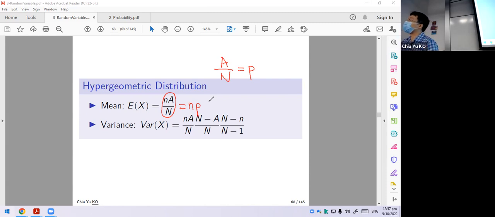Sampling without replacement and with replacement, the number of items actually has no difference on the mean. If you're not convinced, you can convince yourself with the following. You have a box of balls, a red ball and black ball. Calculate the number of red balls.